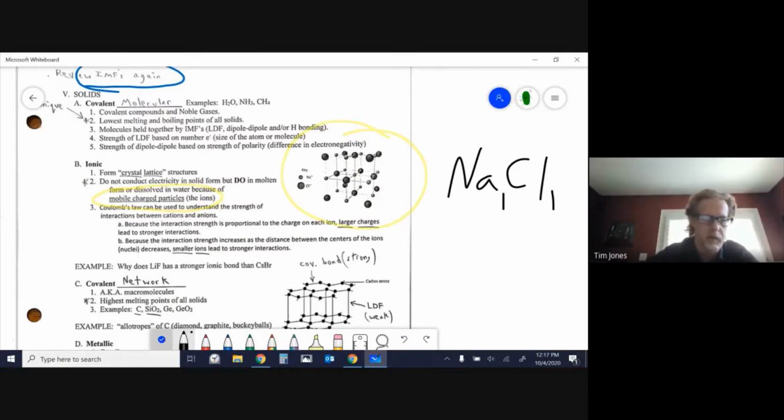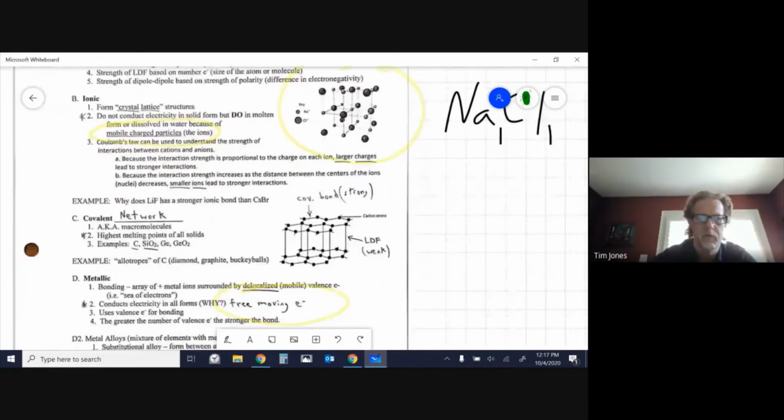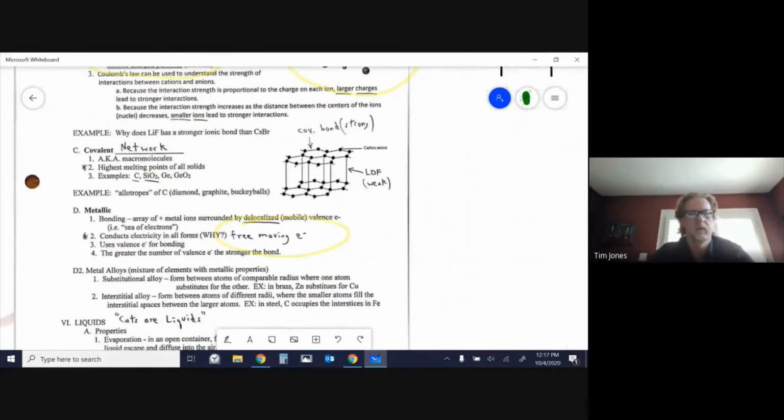In the case of covalent network, one of the more interesting situations is what's called the allotropes of carbon, in which diamond and graphite are the two most common. It's interesting to note that diamond is so hard because it's strong in all three dimensions, whereas graphite is weak in one of the dimensions. I have a drawing of it here.